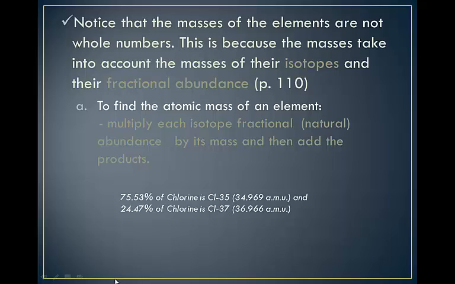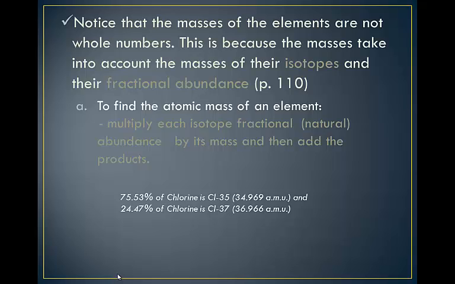Now notice when we look at the masses of the elements on the periodic table, they're not nice round whole numbers, and that's because the masses actually take into account the masses of their isotopes and their natural or fractional abundances. You can look up a definition of that on page 110 of your very heavy Prentice Hall textbook.